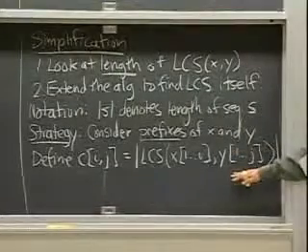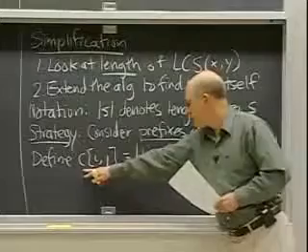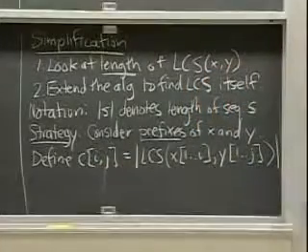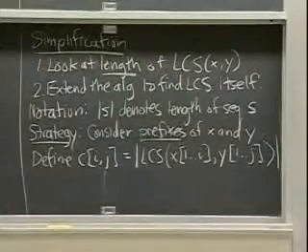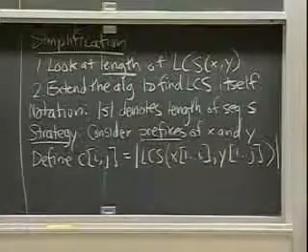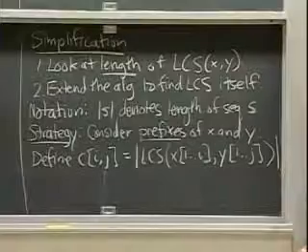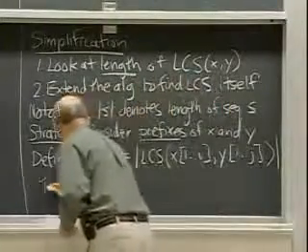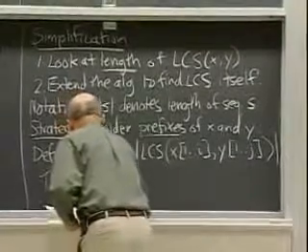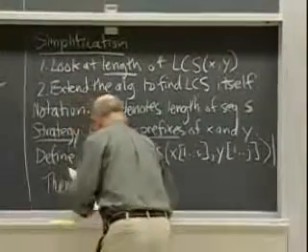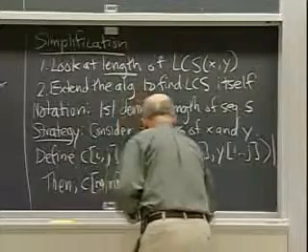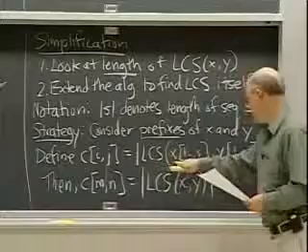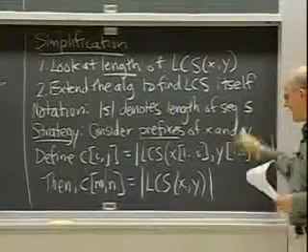Suppose we've solved this for all i and j. How then do we compute the length of the longest common subsequence of x and y? C of m, n. Yeah, C of m, n, that's all. Okay? So then C of m comma n is just equal to the length of the longest common subsequence of x and y. Because if I go from 1 to m and 1 to n, I'm done.